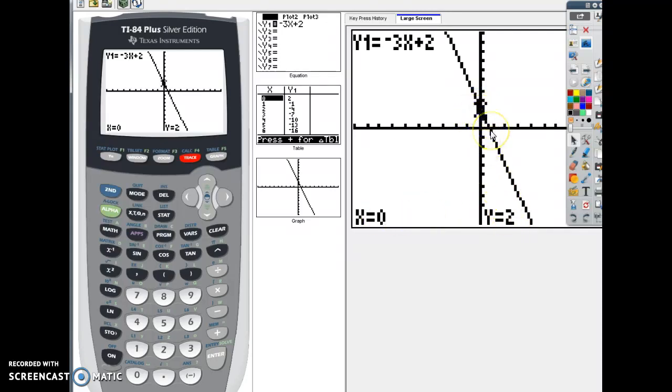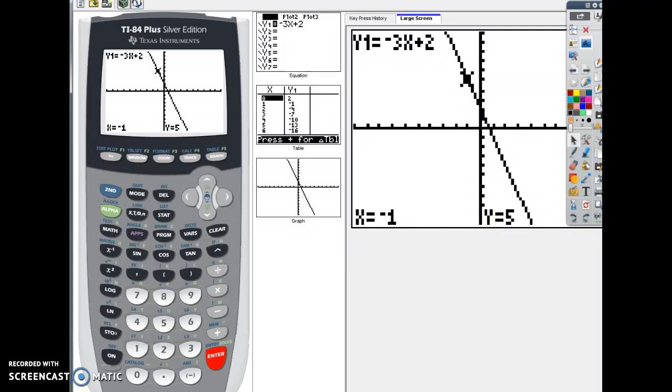If I go to the right, my next number would be 1 enter. That's 1, negative 1. You would plot that on your graph. And then 2 enter. That's 2, negative 4. Plot that point on your graph. If I go backwards to the negative numbers, negative 1 enter gives me 5, so I would also plot that one on the graph.